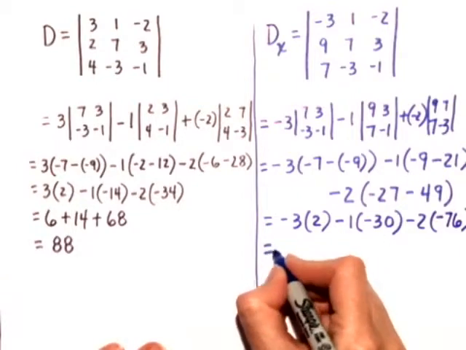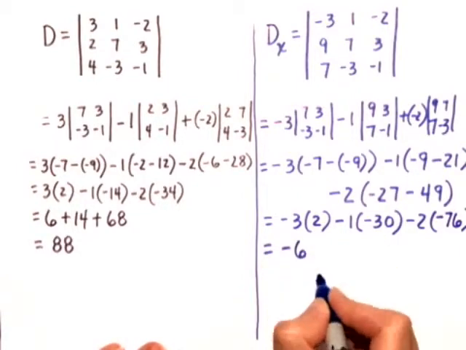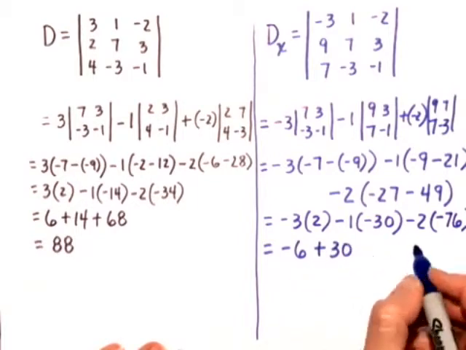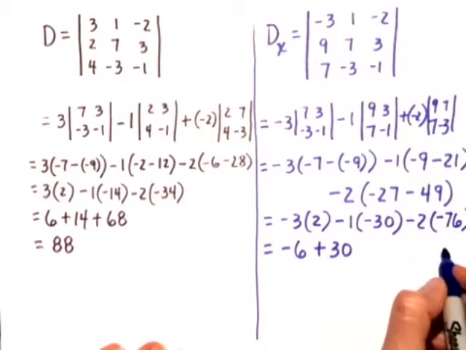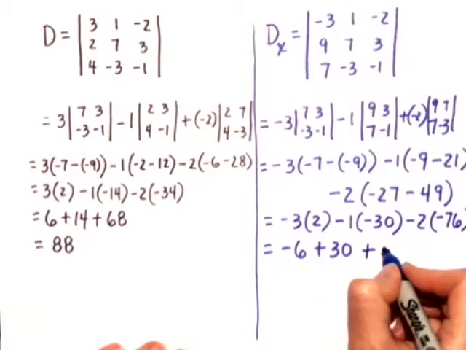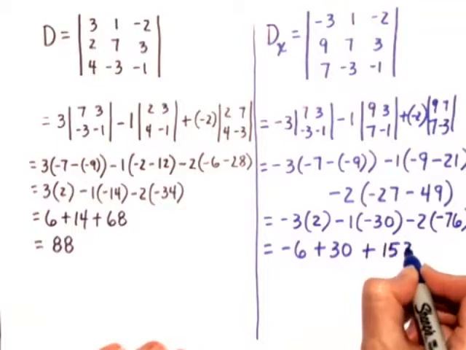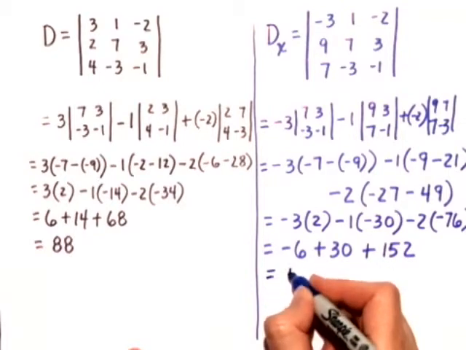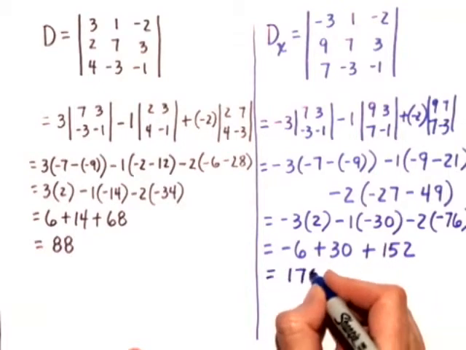And this gives us negative 3 times 2 is negative 6, minus 1 times negative 30 is plus 30, minus 2 times negative 76 is going to give us plus 152. And we have a total of negative 6 plus 30 plus 152, which gives us a total of positive 176.